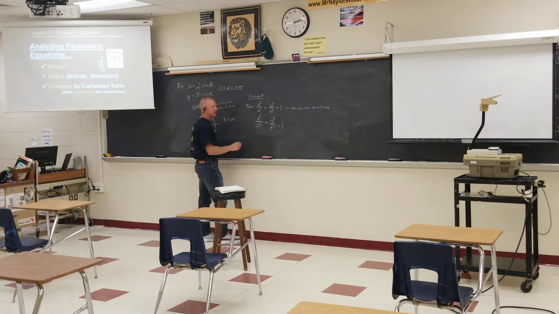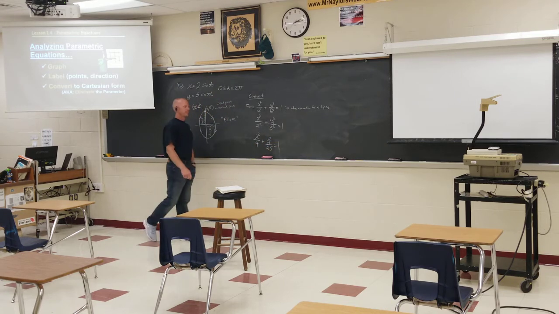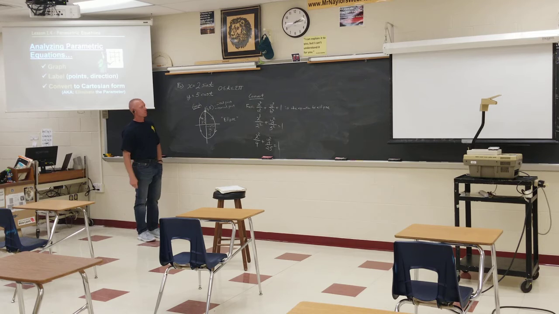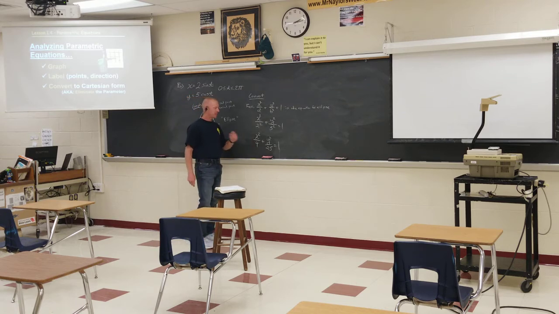Now here's the thing. You can simplify this equation. You can do the math. And you get x squared over 4 plus y squared over 25 equals 1. Now, I don't like showing students things and just saying it is what it is. That's the right answer.